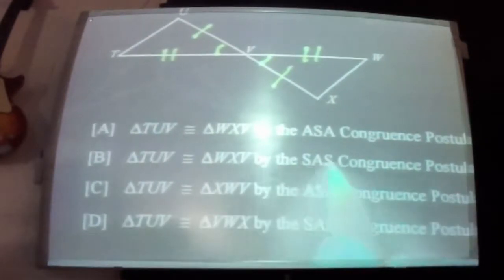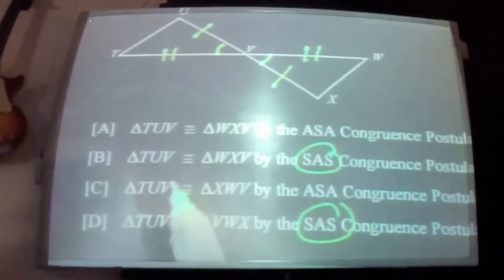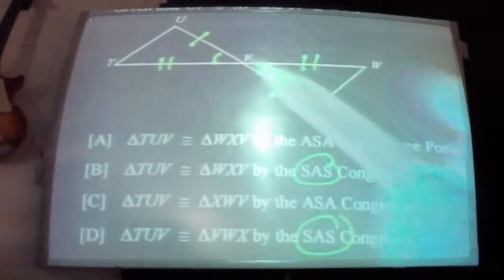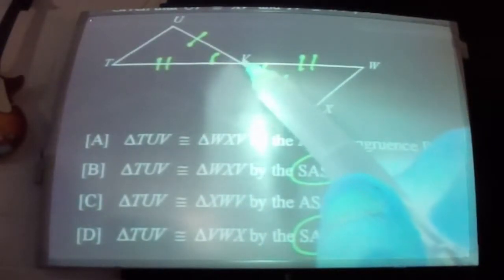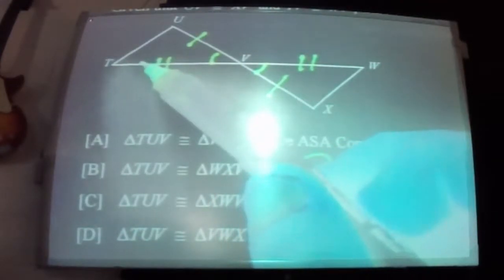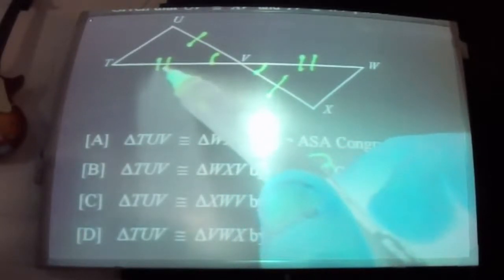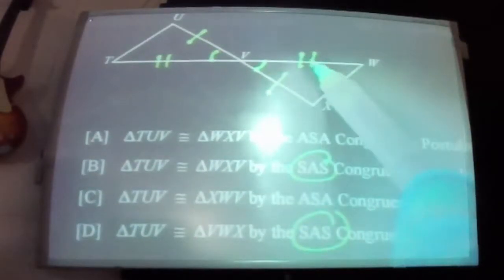Okay, so which one of these is right? Now they both start out the same. TUV. Order matters. Think about TUV. What angle do you think goes with T? W. Look, here's how you know for sure you're right. You see how T touches side 2? Yep. W touches side 2.